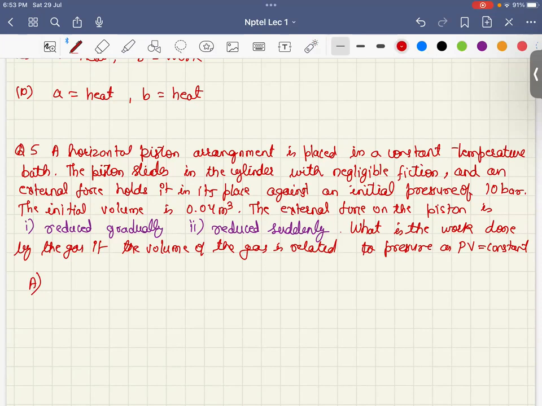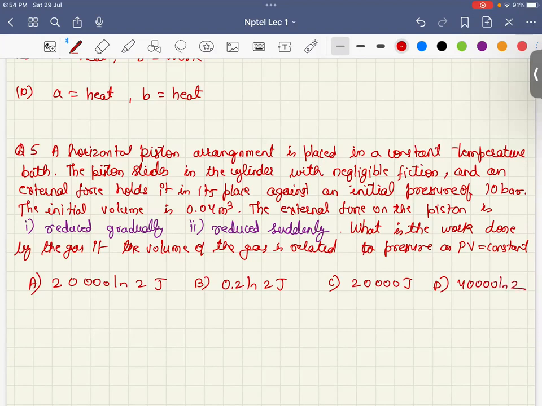So the options are like this: option A, 20,000 ln2 joules. Option B, 0.2 ln2 joules. Option C, 20,000 joules. Or option D, 40,000 ln2. What is the answer?